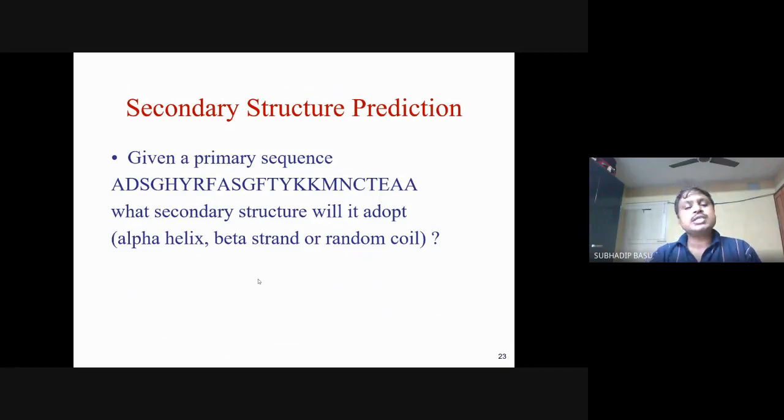This is the basic question, and it is often considered one of the classical problems in bioinformatics. We have sequence information which is abundant in nature, and as we discussed several times, it can be extracted directly from the genetic sequence after transcription.